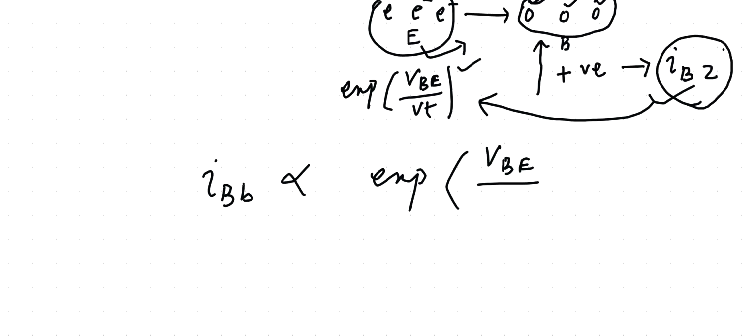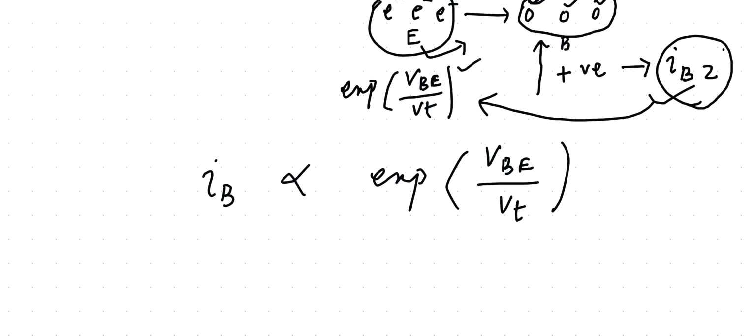The second component is because of the recombination of holes with electrons. The number of electrons moving from emitter to the base depends upon exponential of VBE by VT, so the extra supply of positive charge needed is also directly proportional to e to the power VBE by VT. So IB, the base current, is also directly proportional to exponential of VBE by VT.